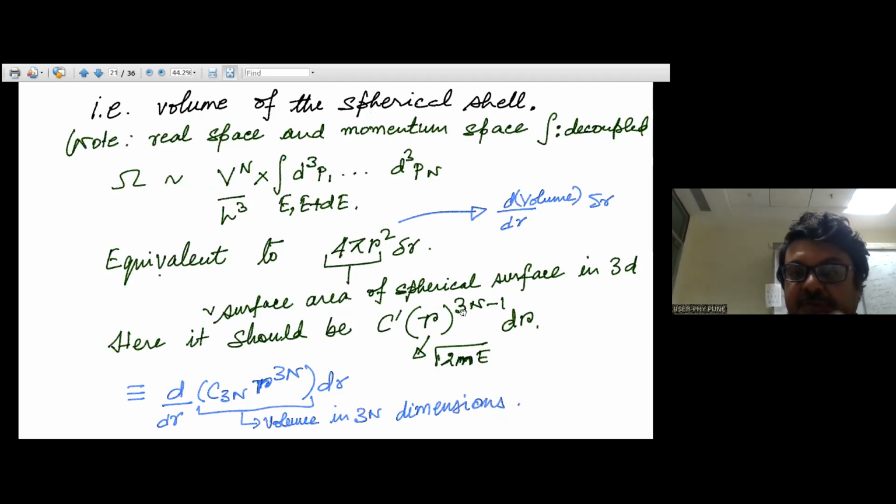So here you would get 3n minus 1. If you want to draw a parallel, this was the volume of the sphere in 3 dimensions, as we had calculated in the last class, to remind yourselves if you have forgotten, into dr, equivalent to this.